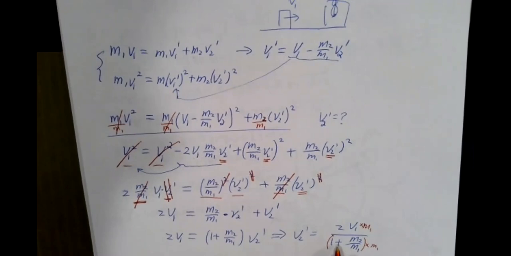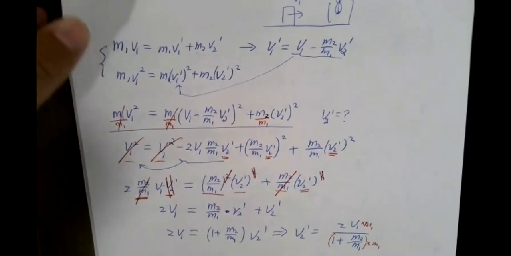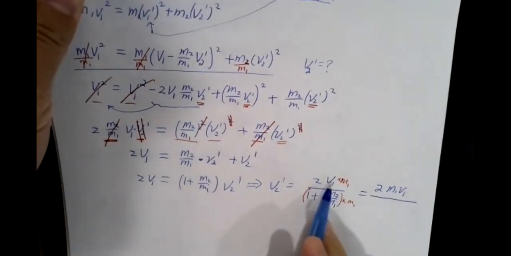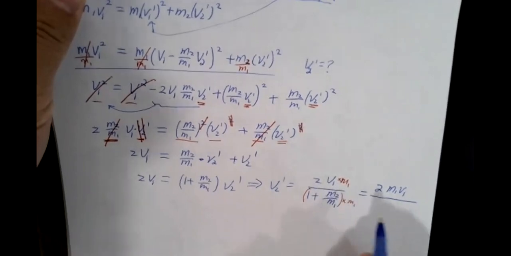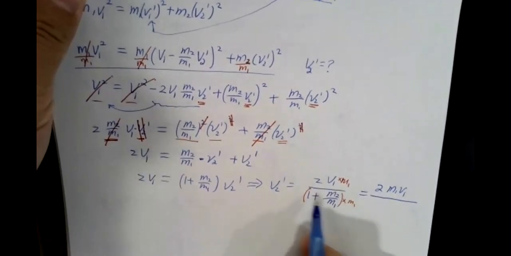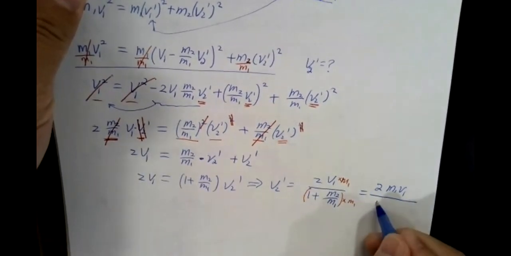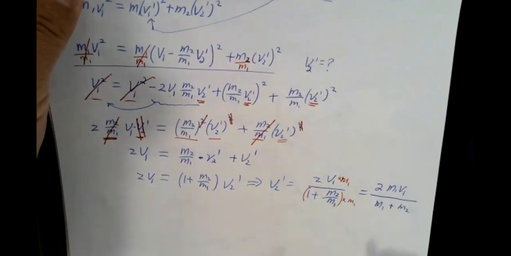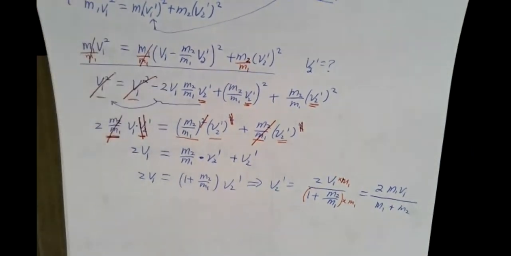Okay, so that will become v2 prime will become, so this is twice of m1 v1 divided by, okay, on the top is 2 times m1 v1. At the bottom here, it should be 1 multiplied by m1 should be m1, right? Plus m2 over m1 multiplied by m1 should be m2. Okay, so that should be your v2 prime.